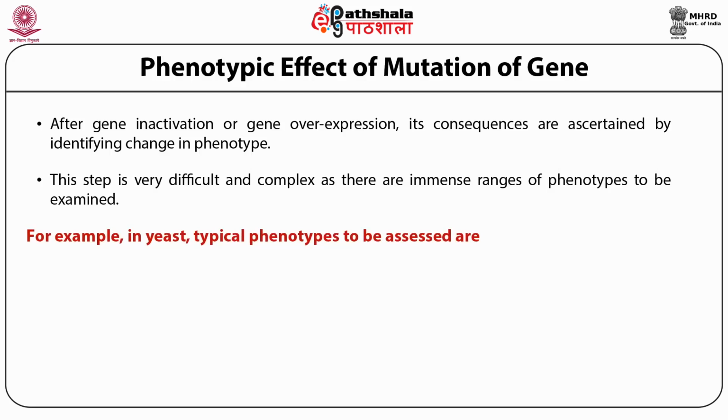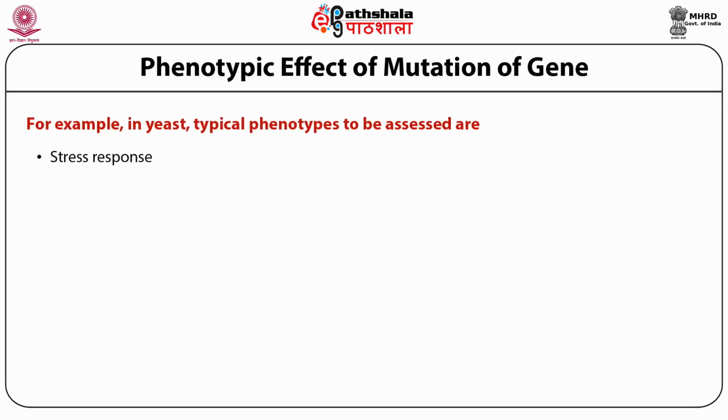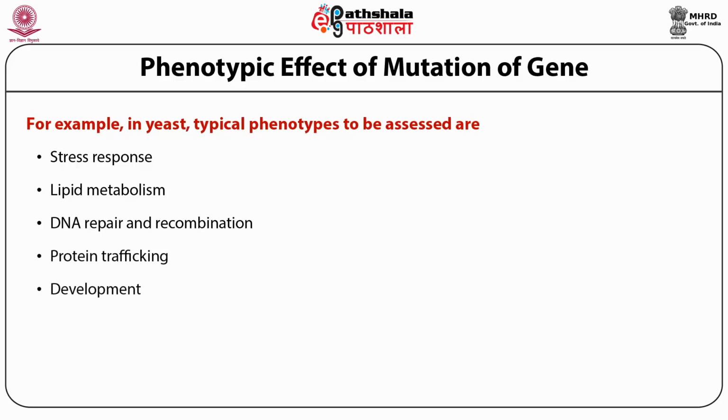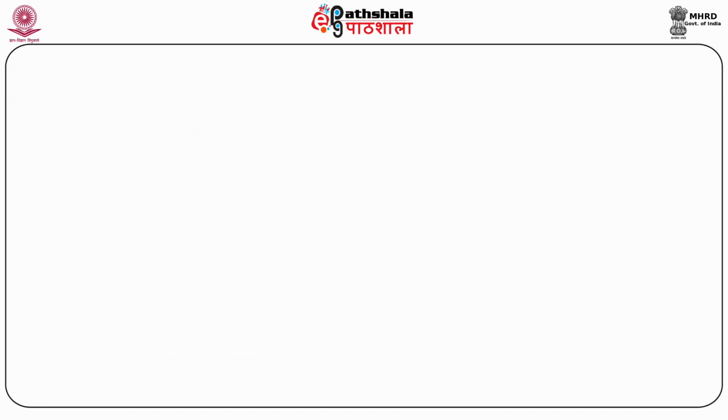For example, in yeast, typical phenotypes to be assessed are DNA synthesis and the cell cycle, RNA synthesis and processing, protein synthesis, stress response, lipid metabolism, DNA repair and recombination, protein trafficking, development, and meiosis. In multicellular organisms, it becomes even more complicated.